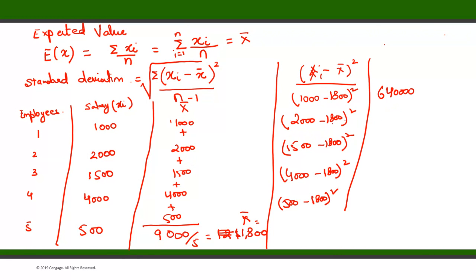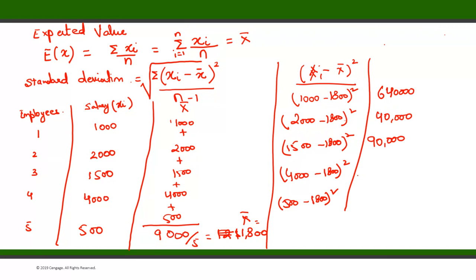So 2,000 minus 1,800, it comes out 200 square, which is 40,000. 300 square, 90,000.